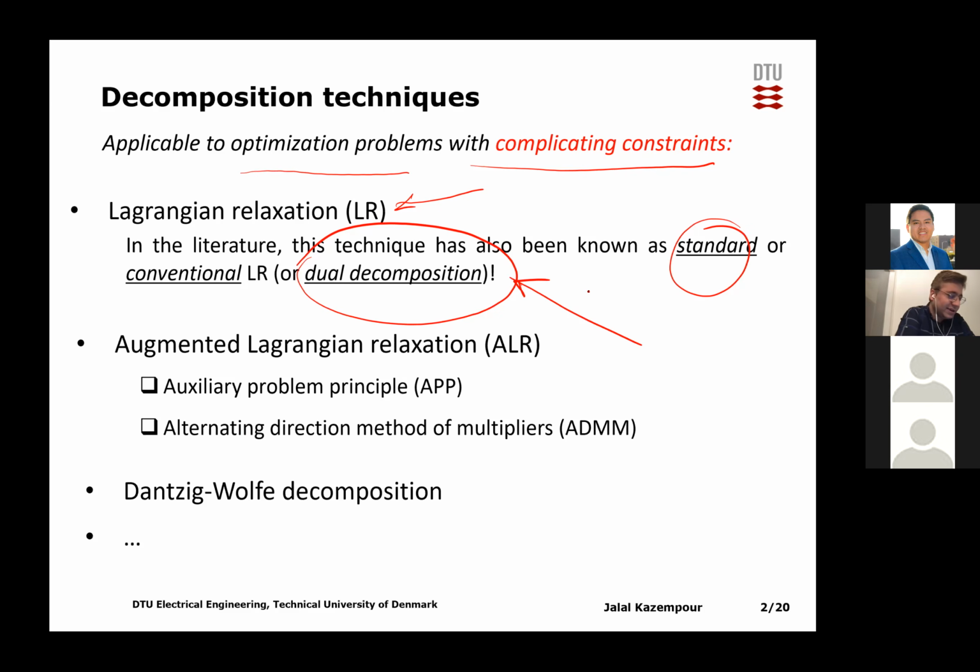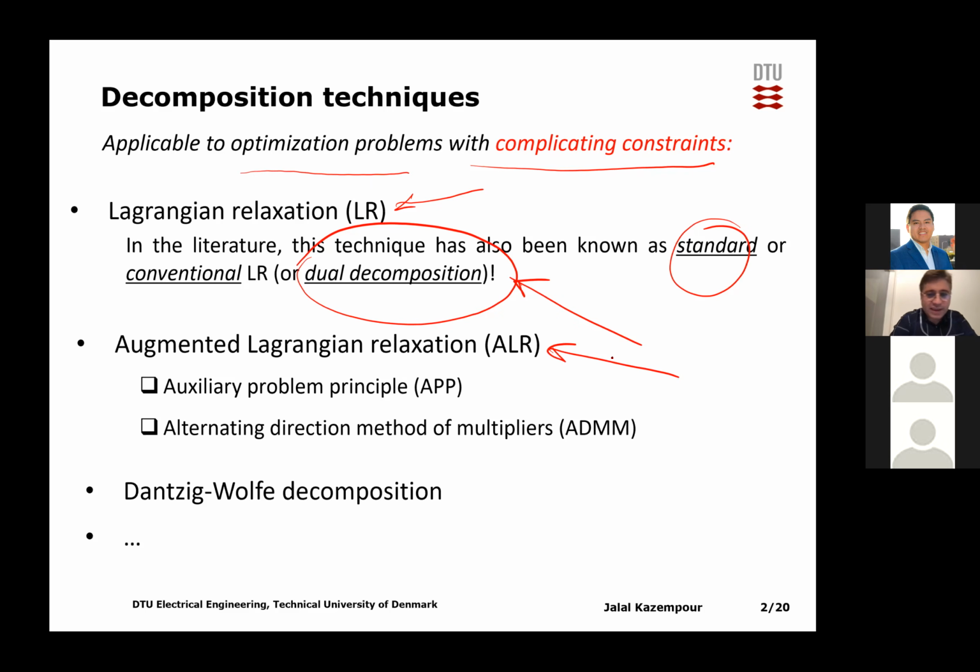While here in the dual decomposition or Lagrangian relaxation, what we are updating over iterations are dual variables. Good, exactly. Sebastian and Kelly also mentioned the right answers.